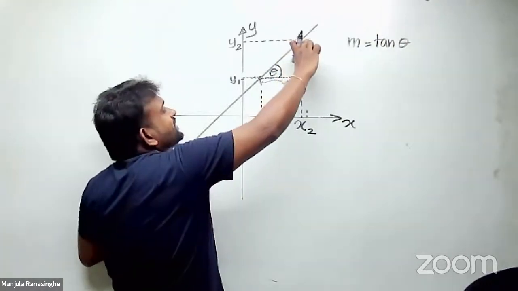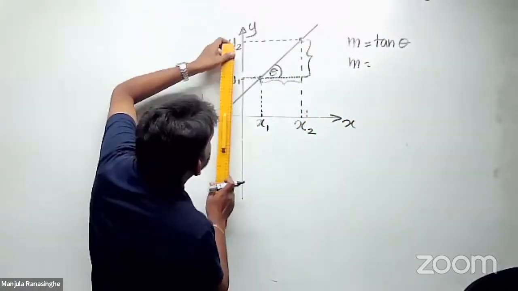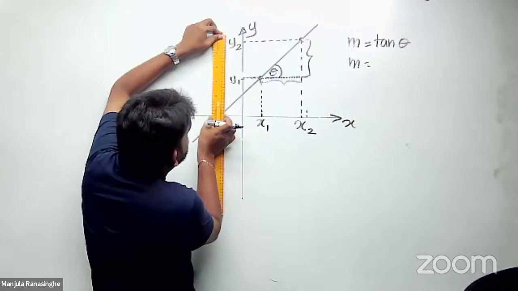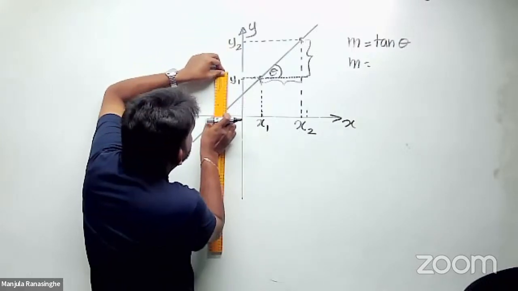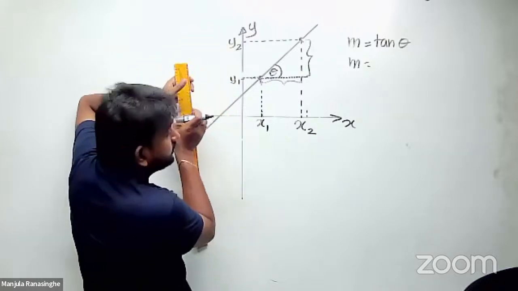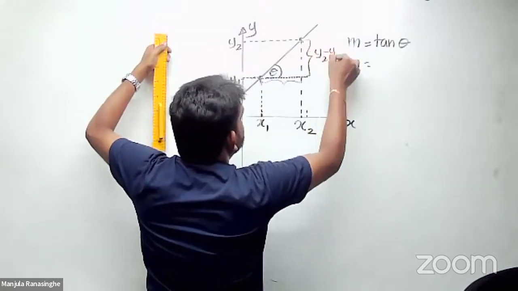So how to take this height? From here to here is y2, the total height, and here to here is y1. Then what is the gap here? y2 subtract y1. So this height is y2 minus y1.